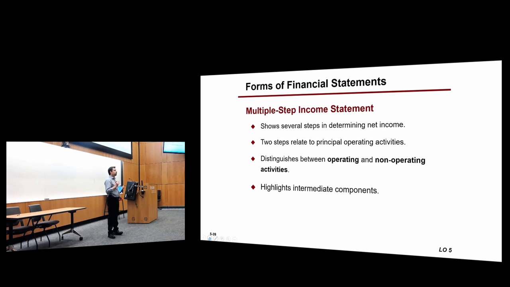It provides the users of information with more details. Now, sometimes companies use more than one account for sales revenue. So Best Buy might have computer sales revenue and TV sales revenue. Usually they use that information for internal purposes. They want to see which line of products produces more.